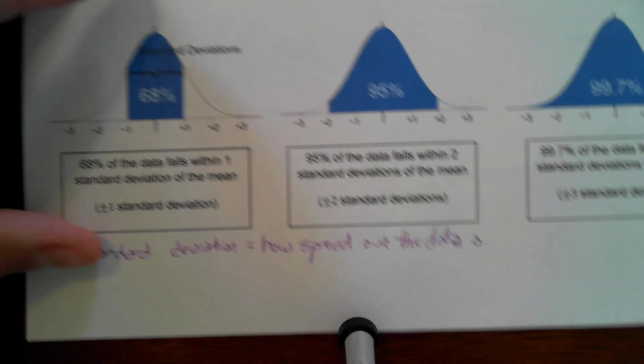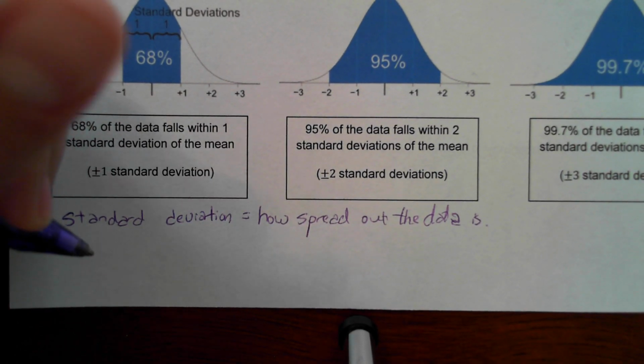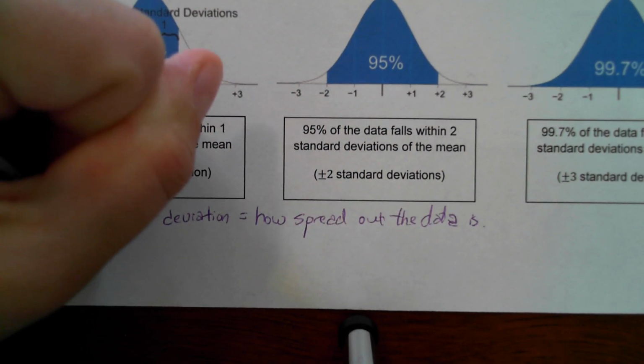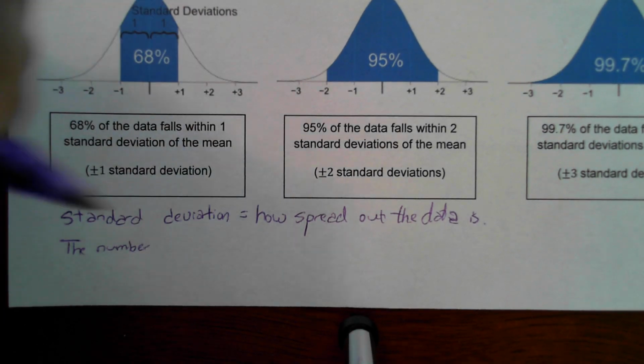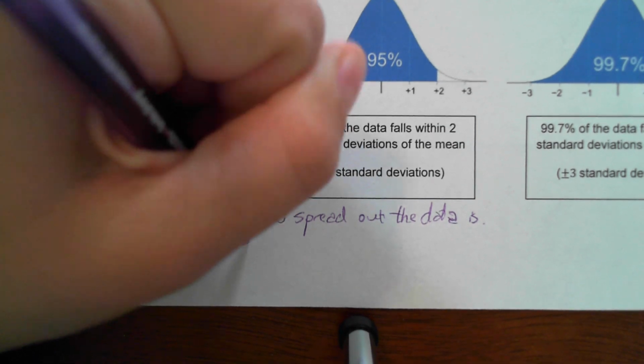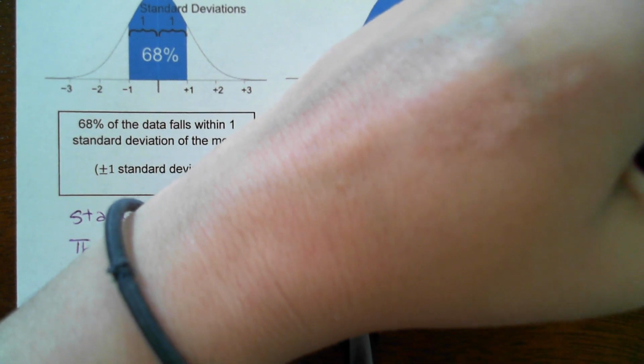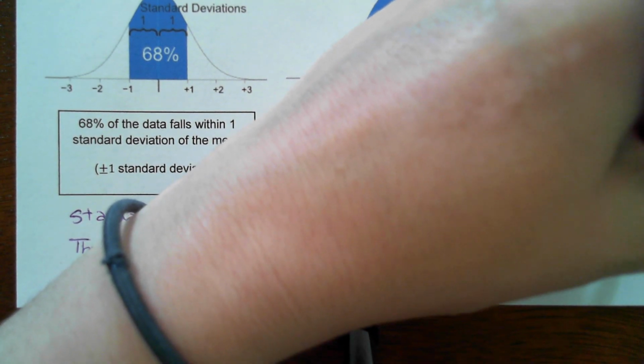The second thing that I want to define here at the bottom of the sheet, and then we'll read through the rule of 3: the number of standard deviations is also called the standard score.